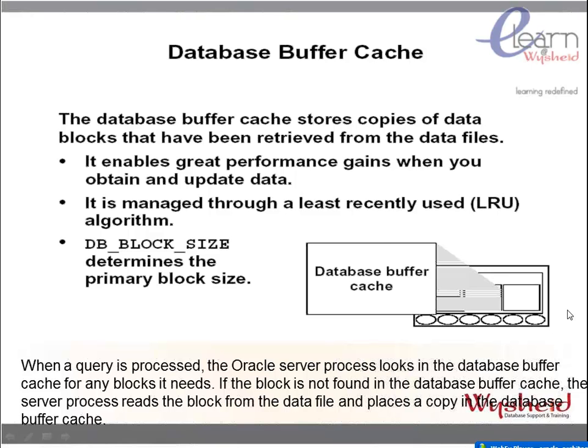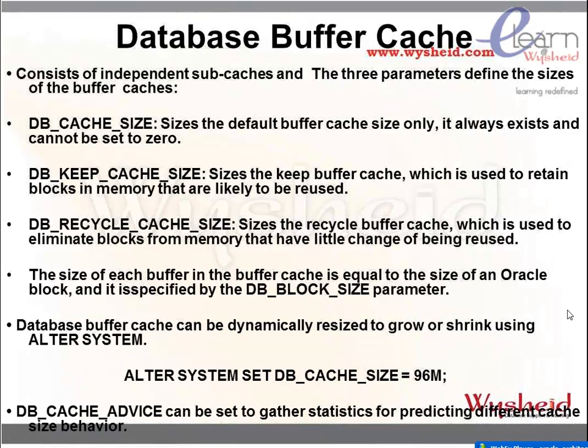For that, you should have a different cache size. For example, DB_CACHE_SIZE is for the default cache size. Now we can have DB_16K_CACHE_SIZE, which is the size for the 16 KB buffer cache.